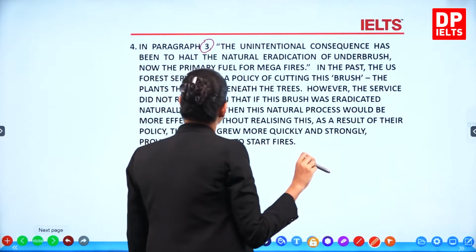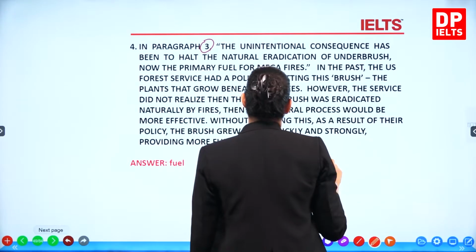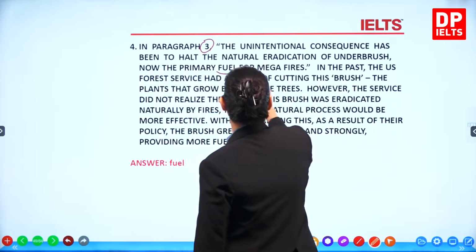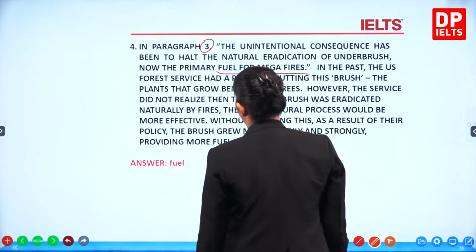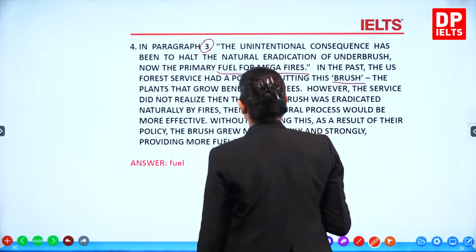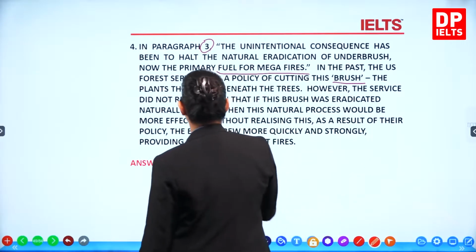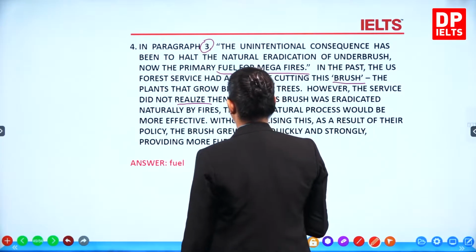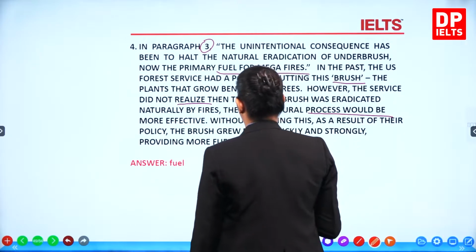So, the unintentional consequence has been to halt the natural eradication of underbrush, now the primary fuel for mega fires. In the past, the US Forest Service had a policy of cutting this brush, the plants that grow beneath the trees. However, the service did not realize that if this brush was eradicated naturally by fires, then this natural process would be more effective.